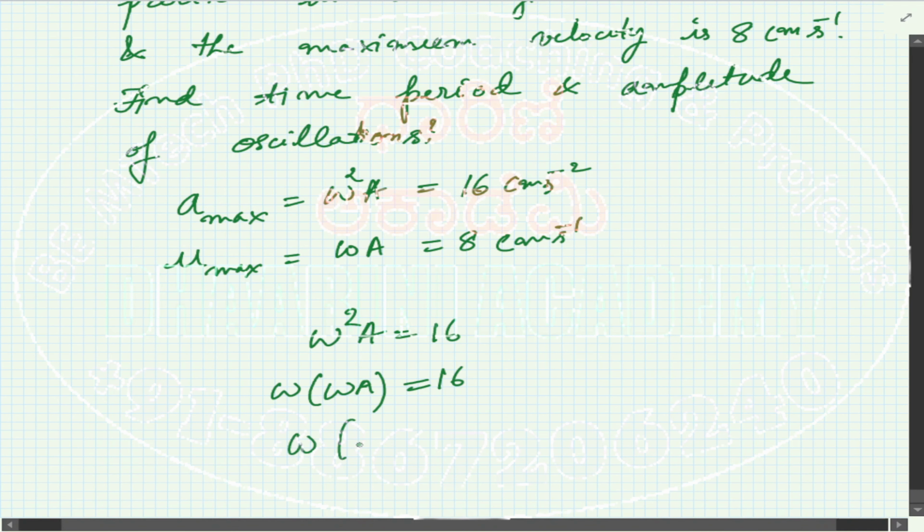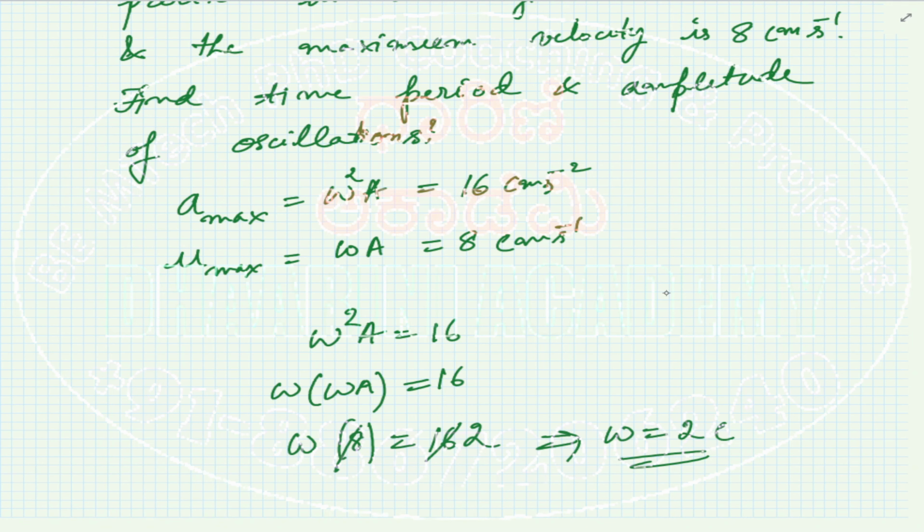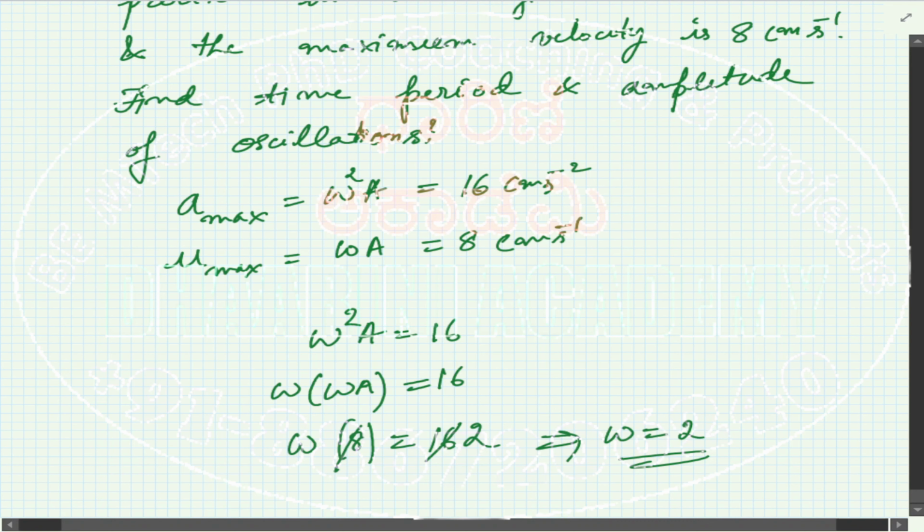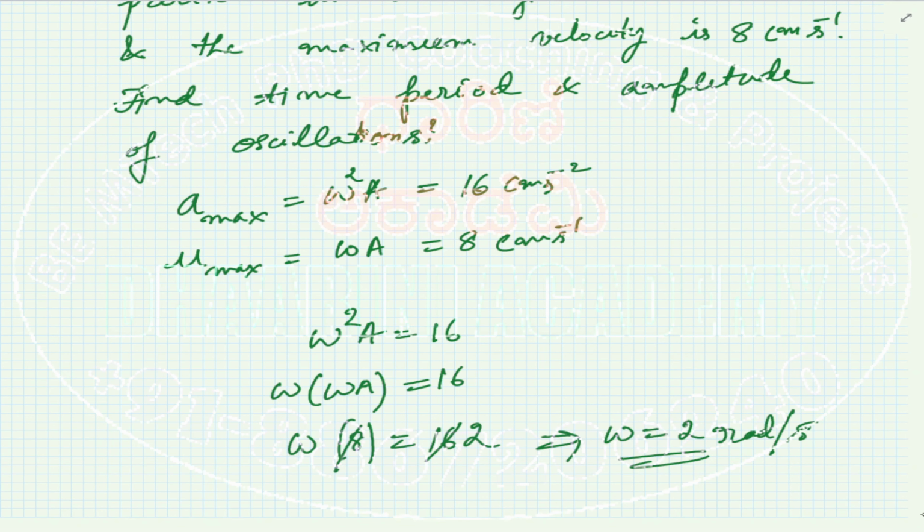So 8 cancels 16 with 2. So we got our answer as omega is equal to 2. Okay, so this is radians per second. The unit for omega is radians per second.